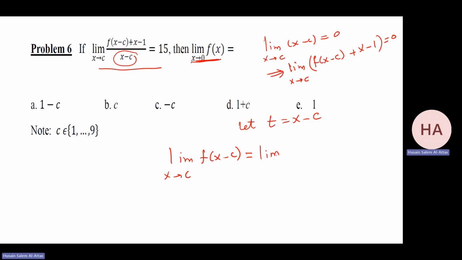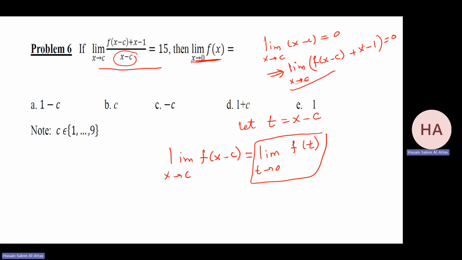The limit of f of t, as x goes to c, t goes to 0. So this is the same. Provided this limit exists, I can distribute the limit.